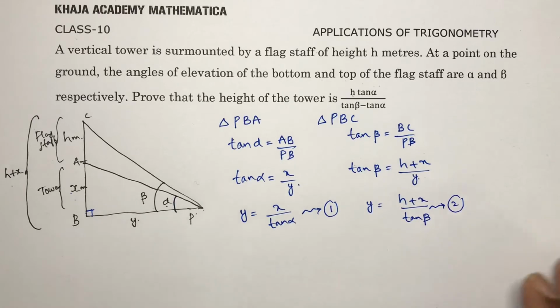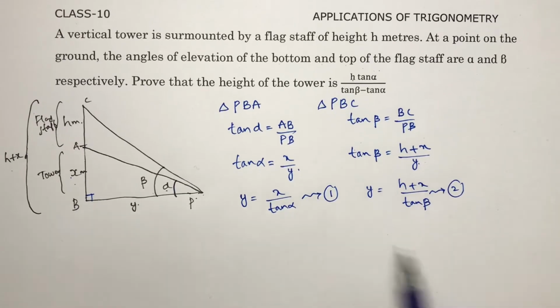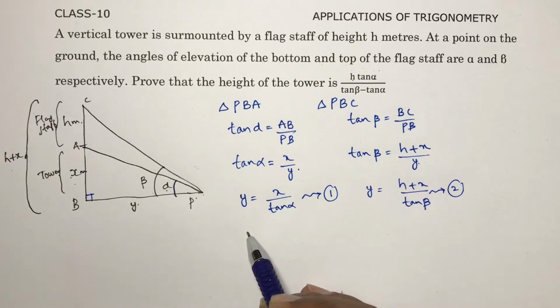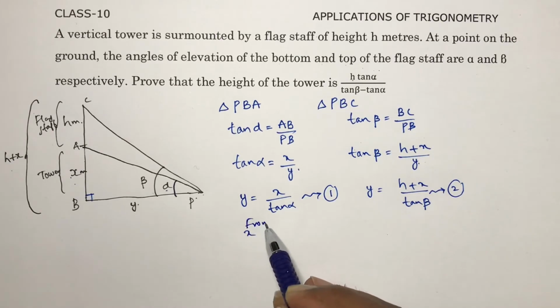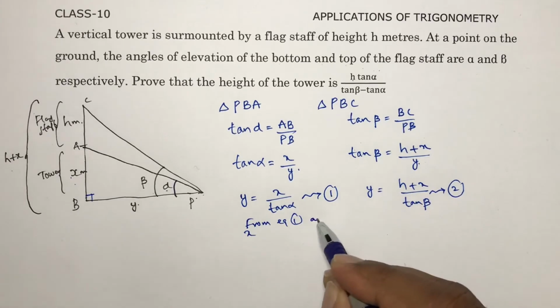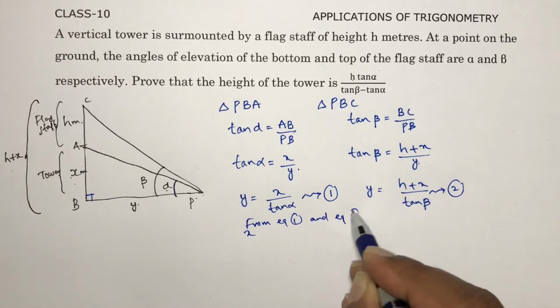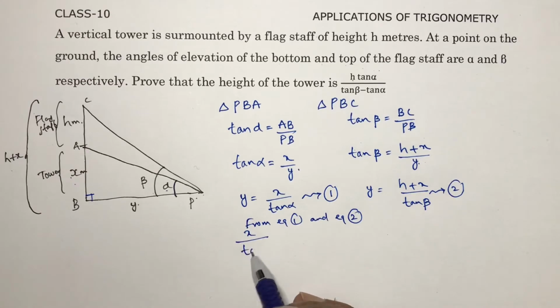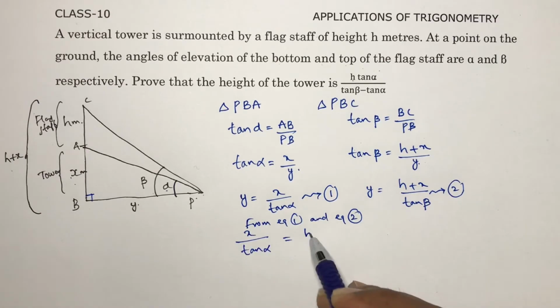So from equation 1 and equation 2, x by tan alpha equals h plus x by tan beta.